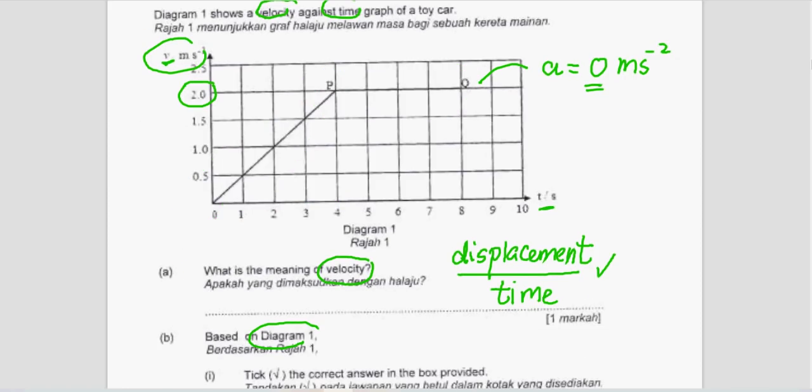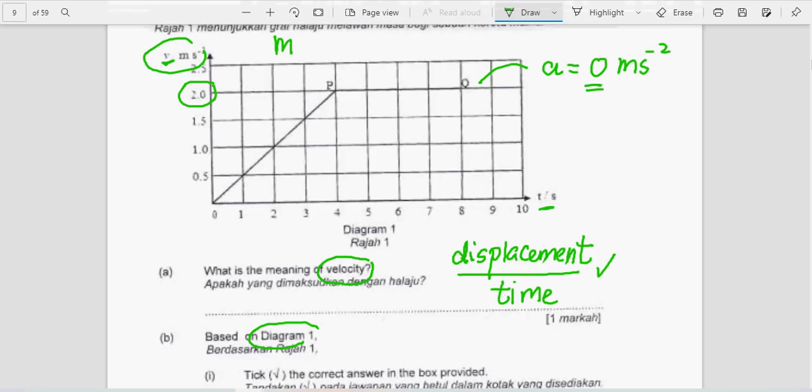Now, if the question asks you to determine the displacement of the object, the total displacement, what should you calculate? Displacement will be the area under the graph. To confirm that, look at the unit. So, meter second -2, then you times the horizontal axis, which is second. So here you will get meter second -1, right?